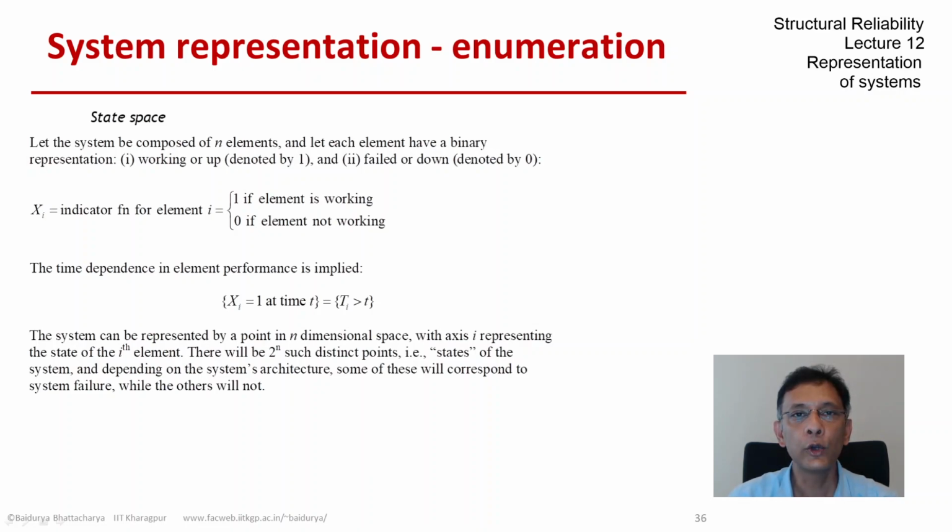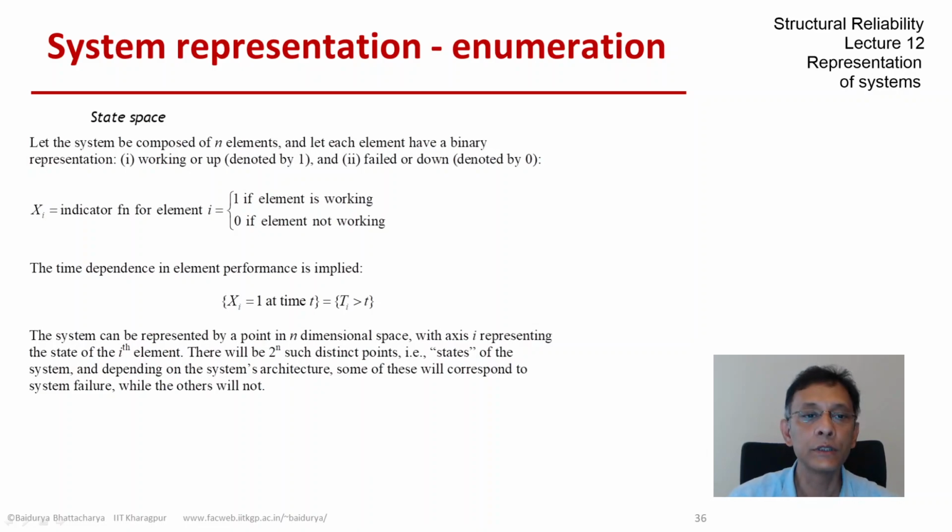This we could do for all such elements of the system. So if the elements are binary in nature, then we would have 2 to the power n, the entire power set of such states, and each of those 2 to the power n points would give me a state for the system itself.